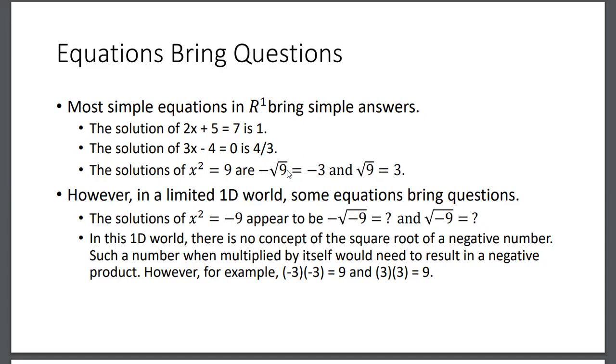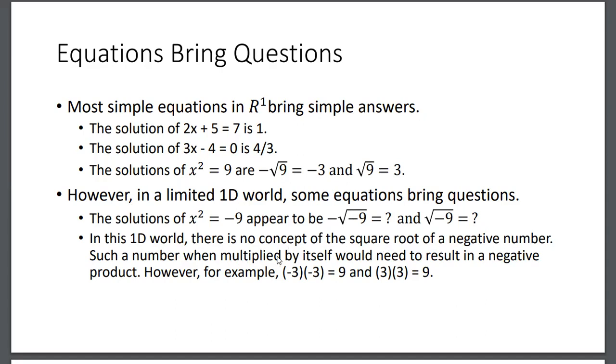2 solutions. However, in a limited 1D world, some equations bring questions. Consider the equation x squared equals -9. The solutions, following the example for x squared equals 9, appear to be negative and positive the square root of -9. But what is the square root of -9 in this R1 world? In this one-dimensional world, there is no concept of the square root of a negative number.